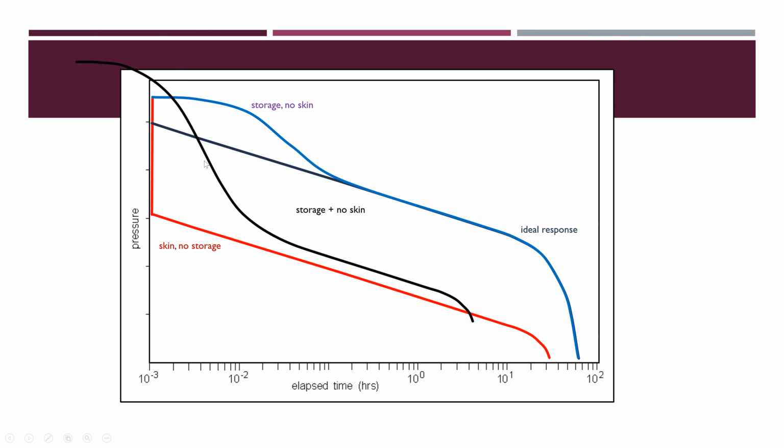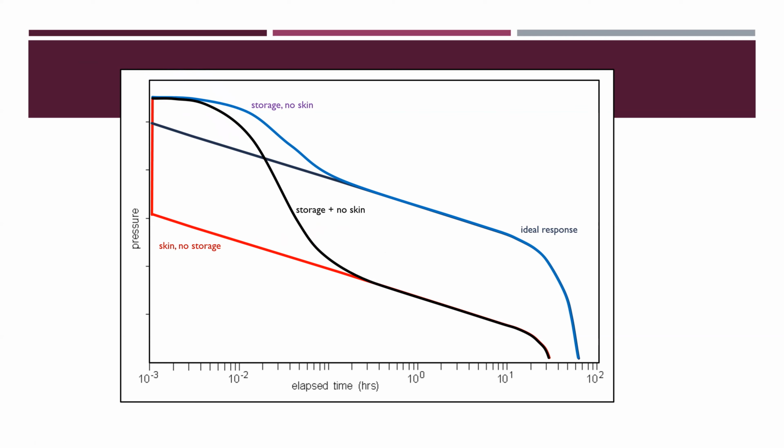And the last one, which will be the major one that we are 100% going to encounter in reality, accounts for both storage and skin. The black one, sorry, it's a typing mistake, is written here as no skin, but it's supposed to be both storage and skin together.